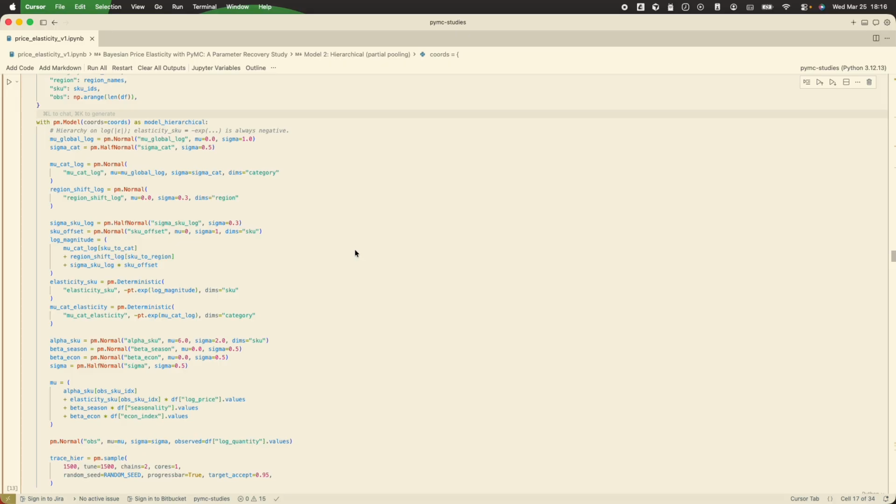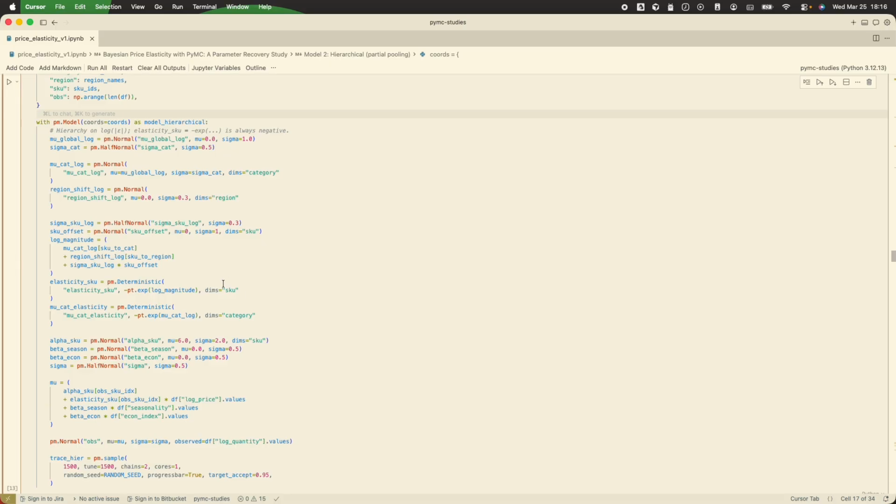The same sign logic applies to the elasticity of the skew, but now elasticity is built on the log scale. So category means region shift and then this product offset. We exponentiate, so we stay in the positive magnitude space, and then we negate.